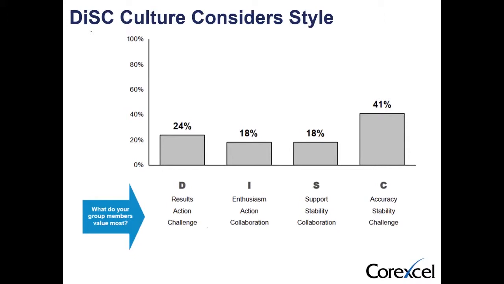And for this team in general, looking at the entire makeup, you have to think about where each type of style is going to be most effective, most helpful in different stages of a project. For example, someone who lives in a C style may be very valuable in the middle stages of a project, one where some preliminary decisions have been made, but we need to challenge and poke holes in ideas to refine the solution.